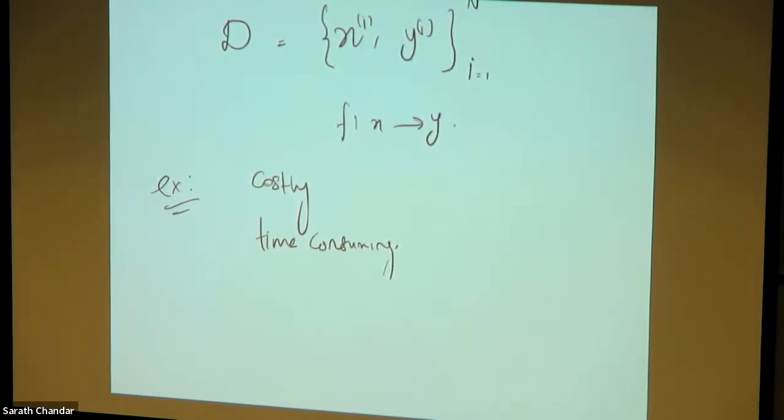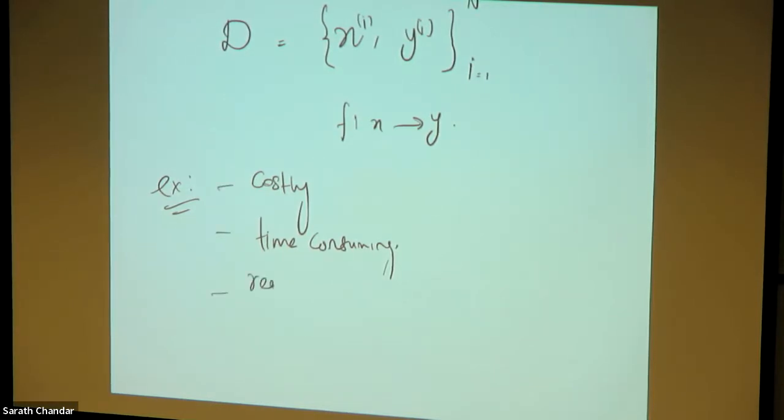Now you can design machine learning systems which will predict whether something is faulty or not. However, to train the system, you have to do the entire testing process, which is extremely time consuming, and then you have the answer.